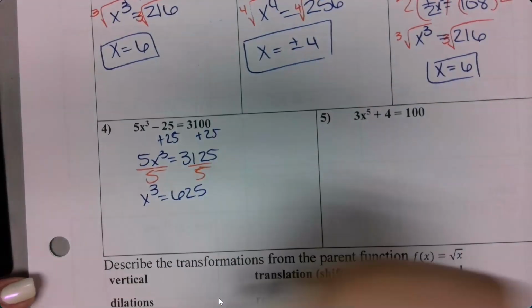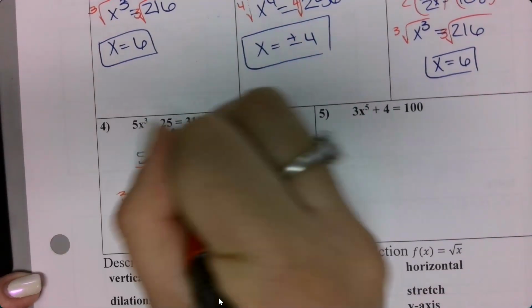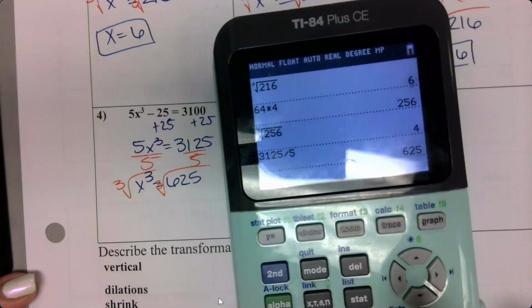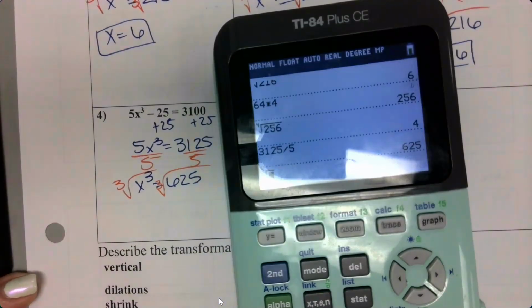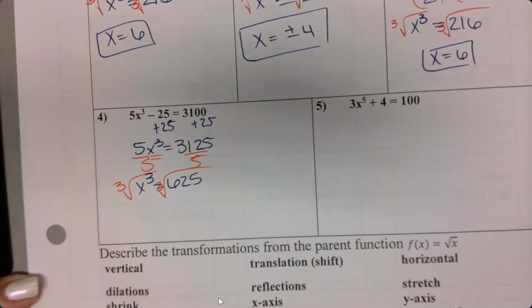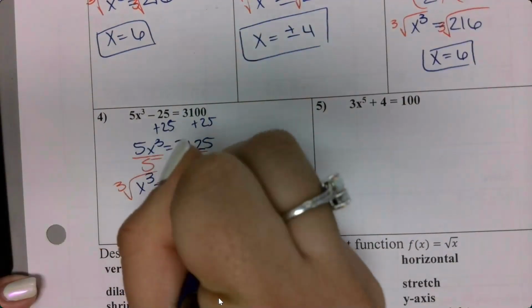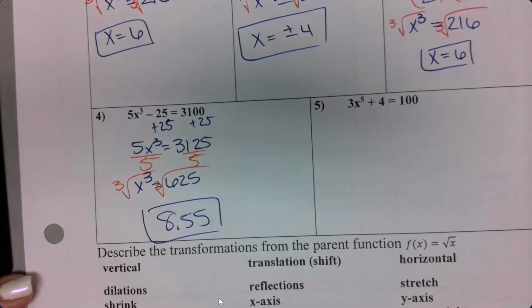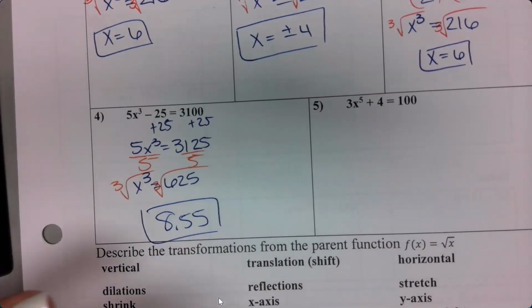Then I want to take the cube root of both sides. Which gets me, I'm going to round to 2 decimal places, it doesn't say, 8.55. One answer because my exponent was odd.